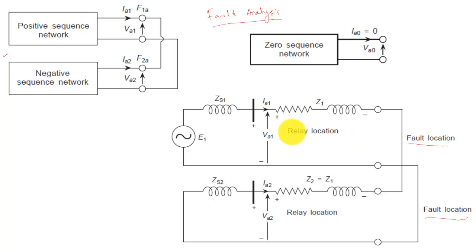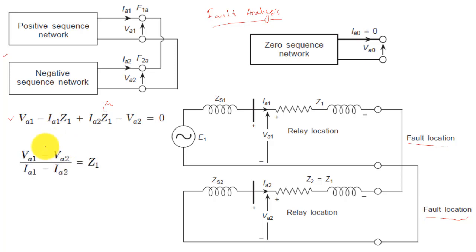Now, if we write the network equation for this network, because they are in parallel, I can write VA1 minus IA1 Z1 plus IA2 Z2 minus VA2 equal to 0, and because Z1 is equal to Z2, I can write Z1 here. Now simplifying, I can write it as VA1 minus VA2 divided by IA1 minus IA2 equal to Z1.